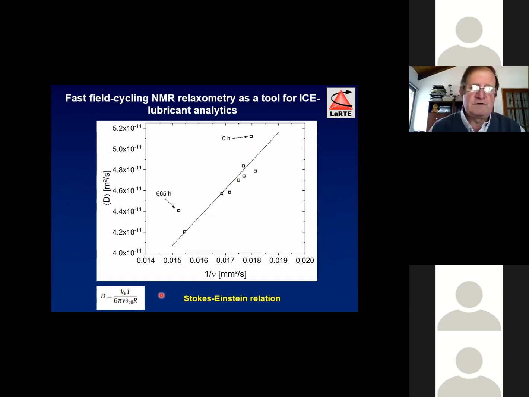So more or less, this works fine, with the exception of the new oil and the most degraded oil. Something happens over a certain level of use that makes the oil depart from this behavior. And by the way, this equation in principle is meant for spherical molecules. A branched molecule, not linear alkanes, of the kind we have in the lubricant can somehow be considered as spherical or quasi-spherical entities. It works more or less well here.